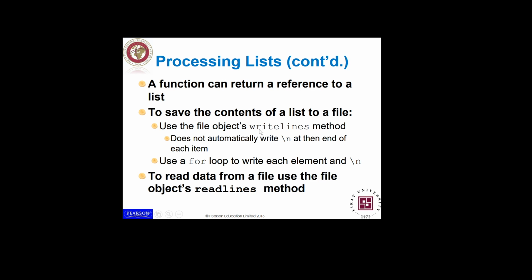If you are interested in having the elements separated, each in a separate line, you need to use the for loop. With the for loop, you can store line by line, and you don't have to write all lines together. You can write a line at once for each and every element.